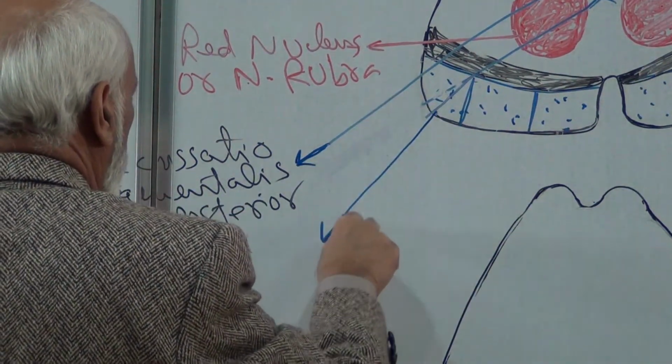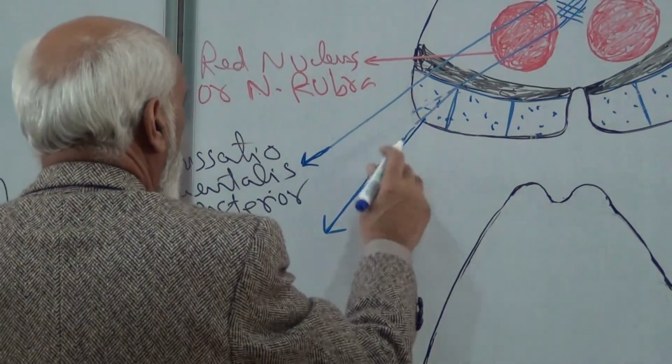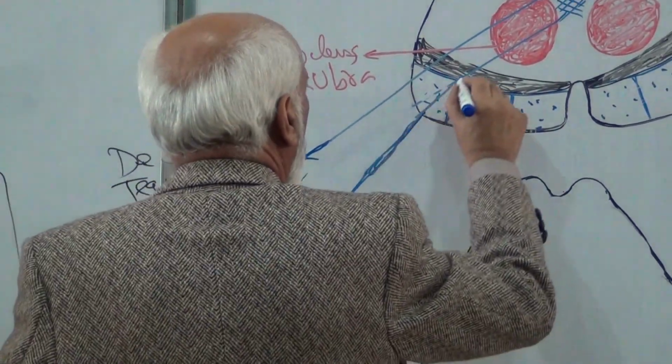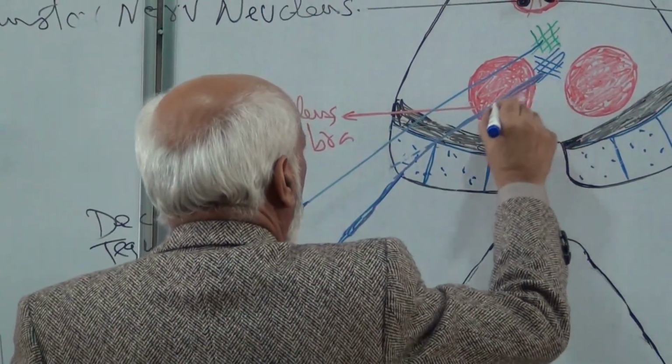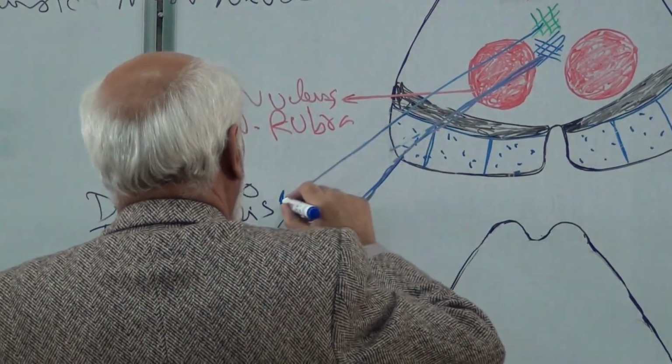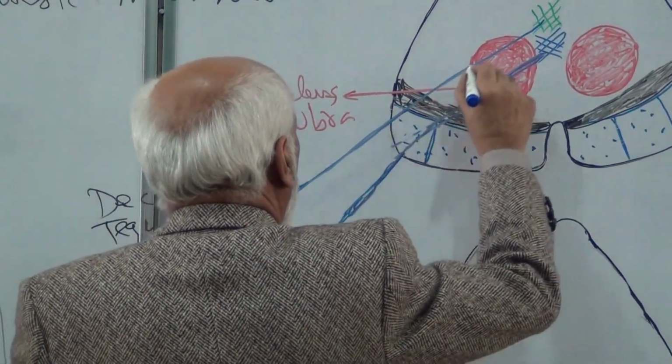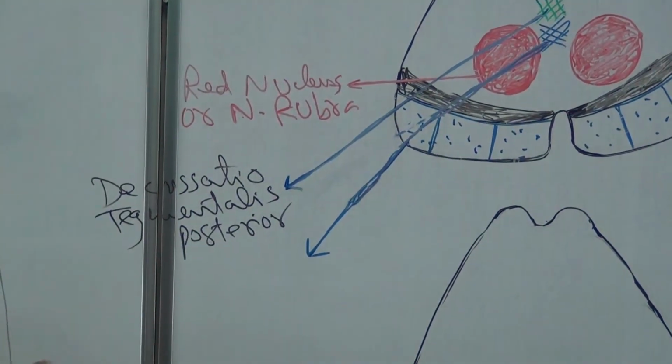And the one which is ventrally located is known as decussatio tegmentalis anterior.